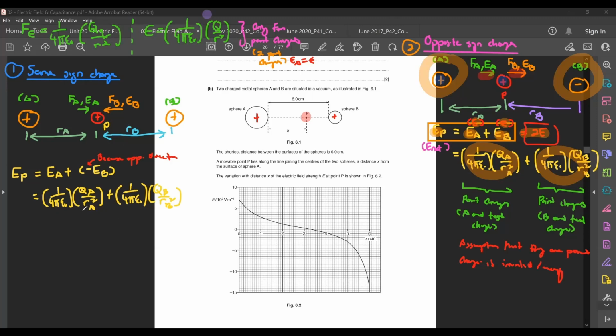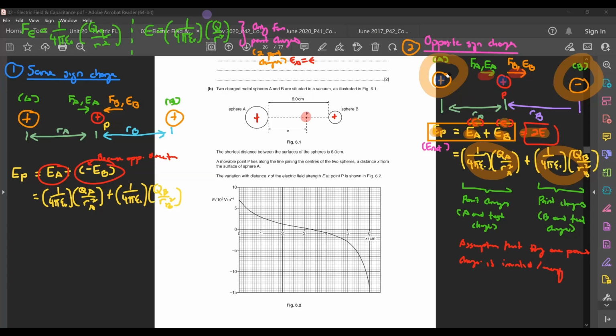From this equation, there are some things you can deduce. You see, EA is positive, EB is negative, so there could come a point where EA and EB are equal and opposite to each other.